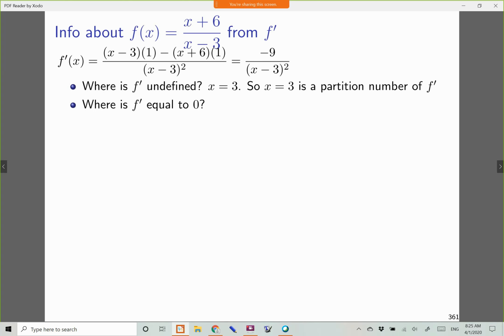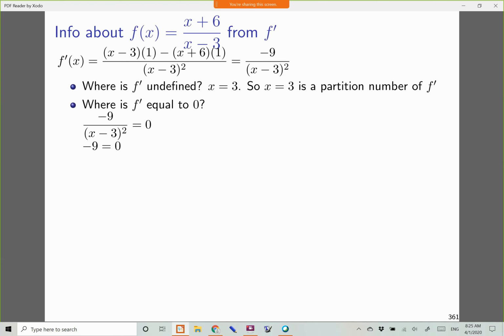The other question we need to answer is, are there any values of x that's going to make f prime equal to 0? So what value could you plug in for x that would make f prime up here equal to 0? Well, let's set it equal to 0. And when you do that, well, we've got an equation with fractions, so multiply by the denominator on both sides, and you get -9 equals 0.